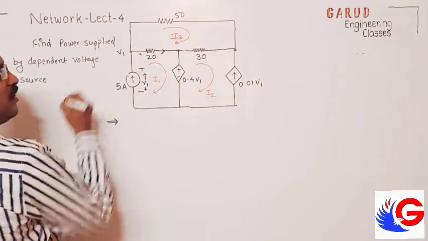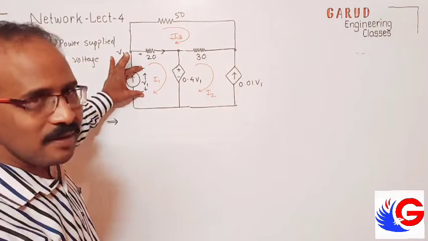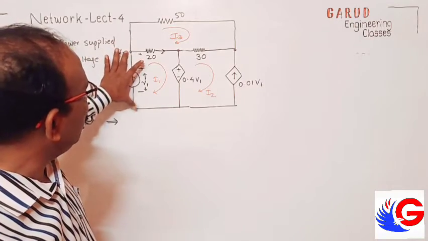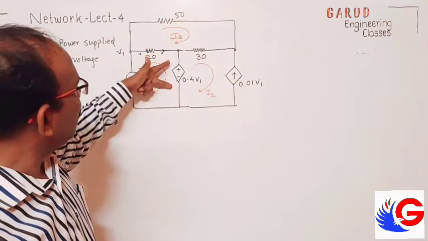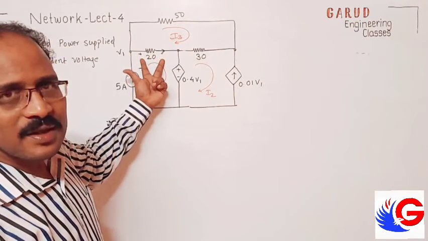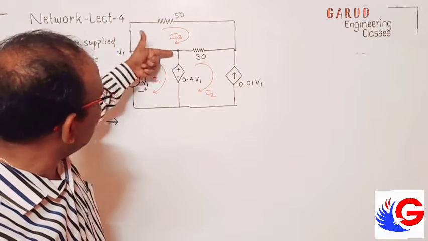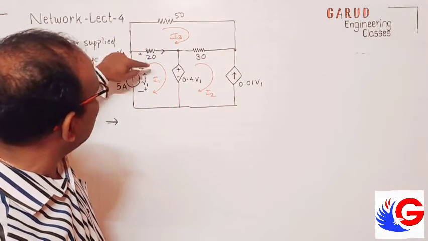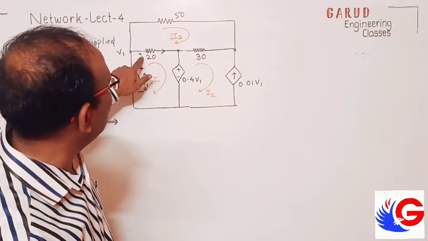It's quite difficult. This is an exam question. See, this is V1 here, V1 here. Correct? What is V1? This voltage plus this voltage is V1. This is a sharing branch, so the current will be I1 minus I2, and it is moving this way, so it will make positive negative.